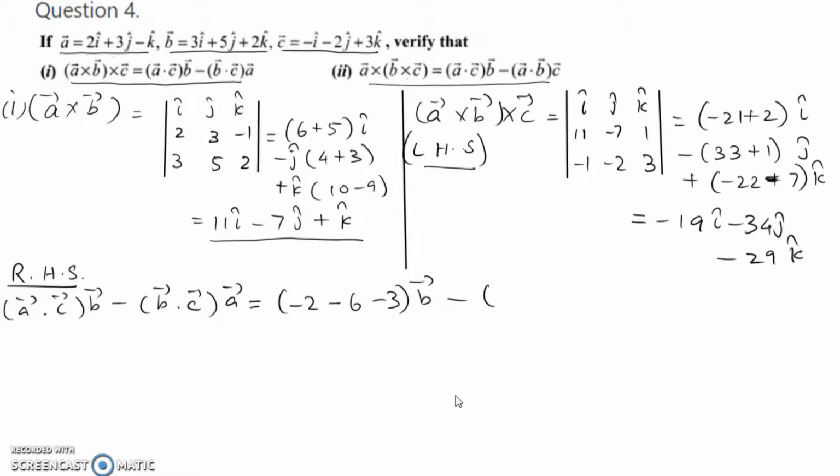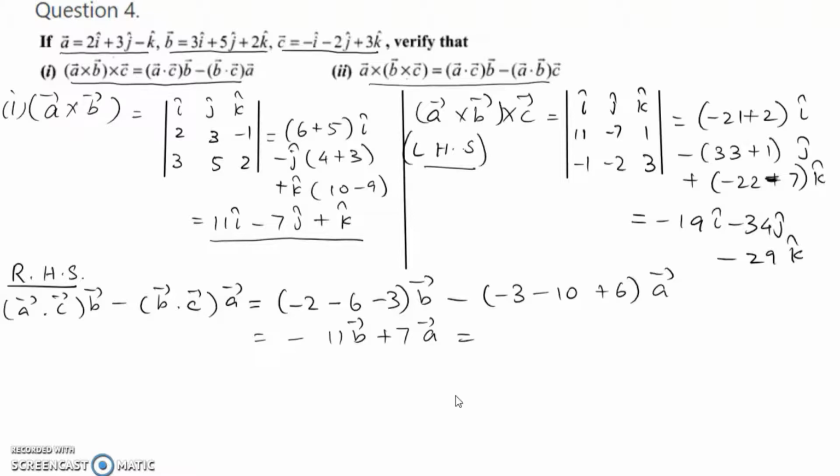Now B times C would be 3 into minus 1, minus 3, 5 into minus 2, minus 10, 2 into 3 plus 6, minus 13 plus 6 will be plus 7 A vector.